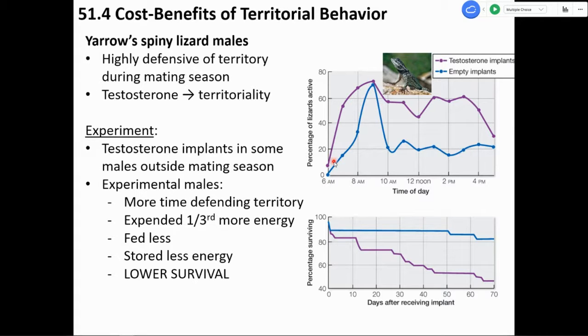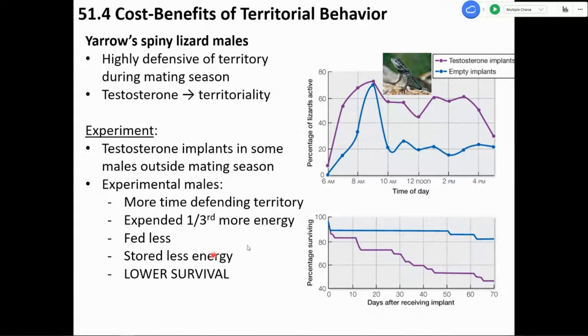But the experimental lizards that received testosterone engaged in territoriality and were active throughout the whole day, as if it was the breeding season. The experimental males with the extra testosterone spent more time defending their territories, shown here. In doing so, they expended about a third more energy. They also fed less, because of that opportunity cost: they were defending, and therefore couldn't be out feeding instead. As a result, they stored less energy.